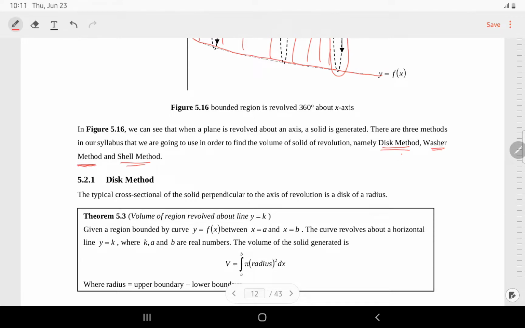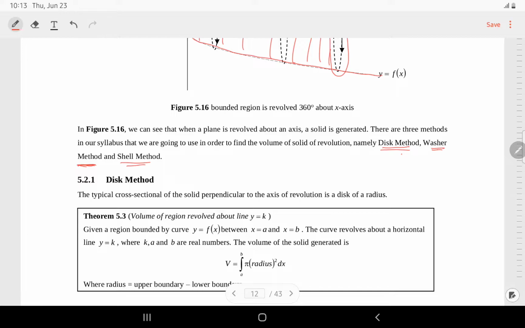Of course, these two methods have different formulas. For disk method you have a different formula for finding volume, as well as washer method you have a different formula. But the objective is the same, to find the volume of revolution of a graph when it revolves 360 degrees about a line.